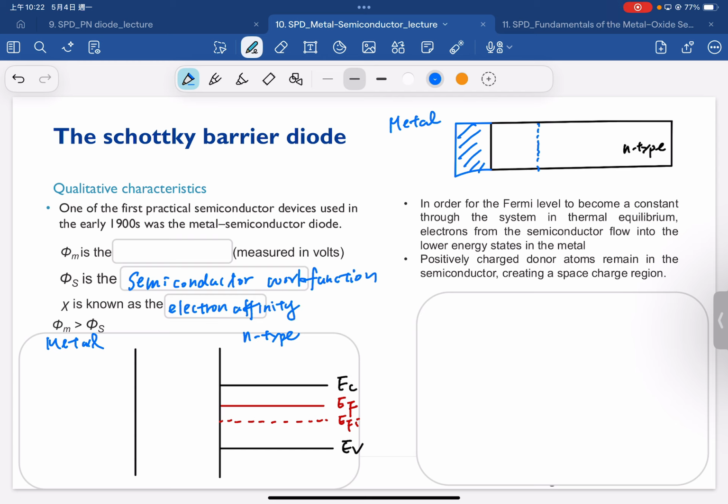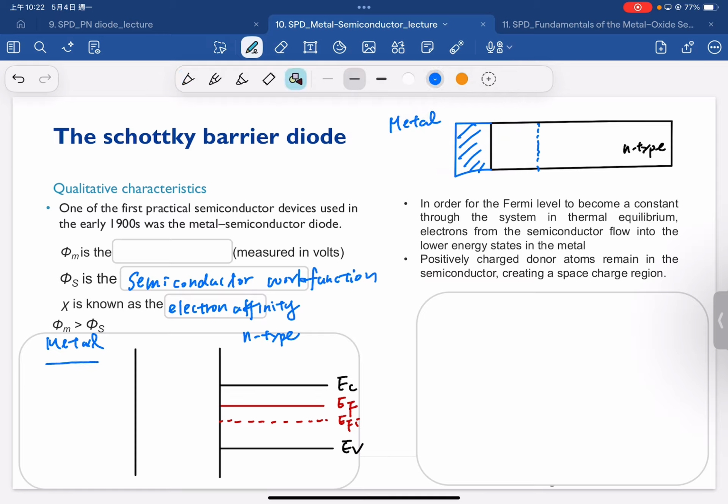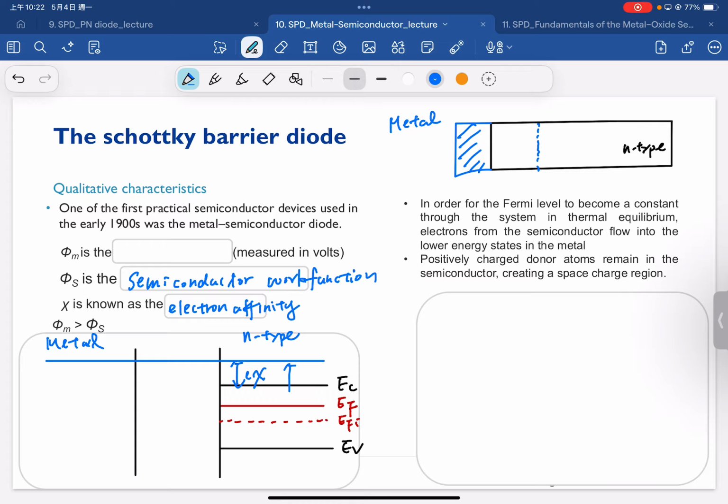We consider a reference plane here, and the difference between this reference plane and the conduction band is the electron affinity. The difference between the reference plane and the Fermi energy is phi s.